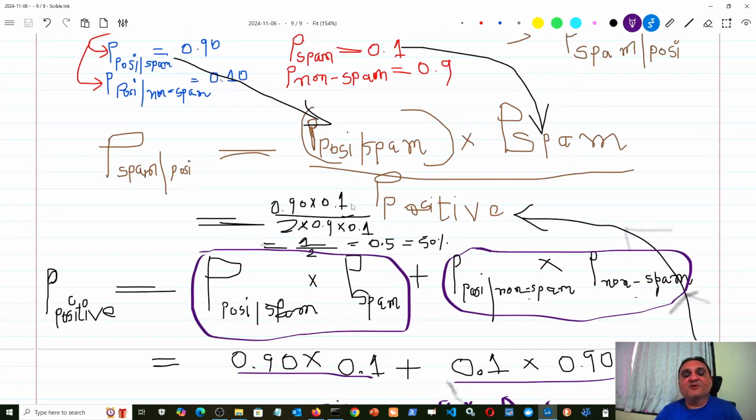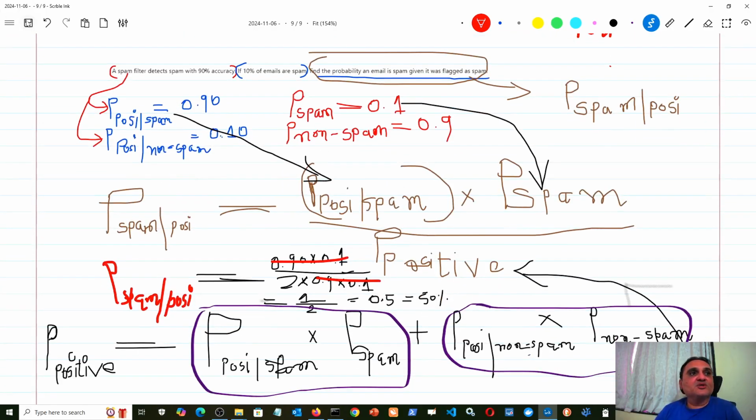That means 0.9 and 0.1 get cancelled, so only the 2 remains in the denominator. The probability of spam, when something has already been flagged as positive, is 1 by 2, or 0.5, right?